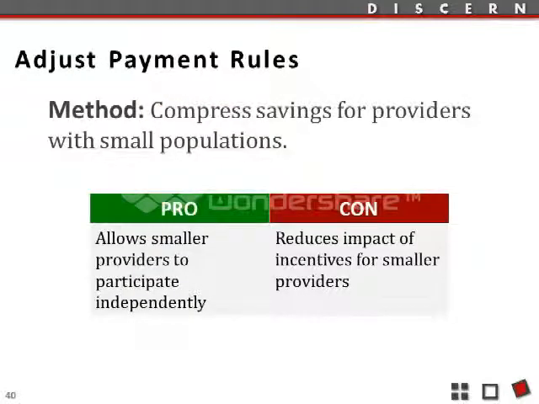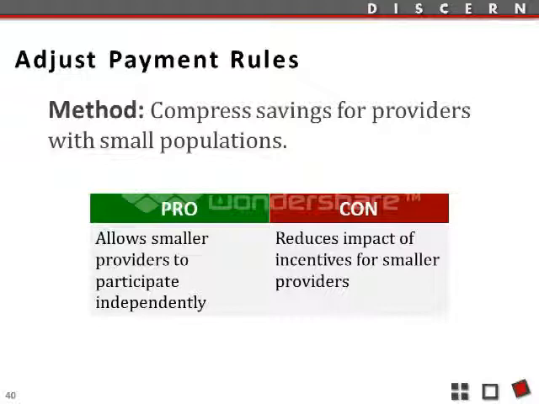Another approach that we can use to adjust for random variation is to compress the attributed savings for providers with small populations. As we've described now a few times, we're less confident about savings when they occur in small populations. So we can apply a methodology to compress those attributed savings to reflect that diminished confidence.